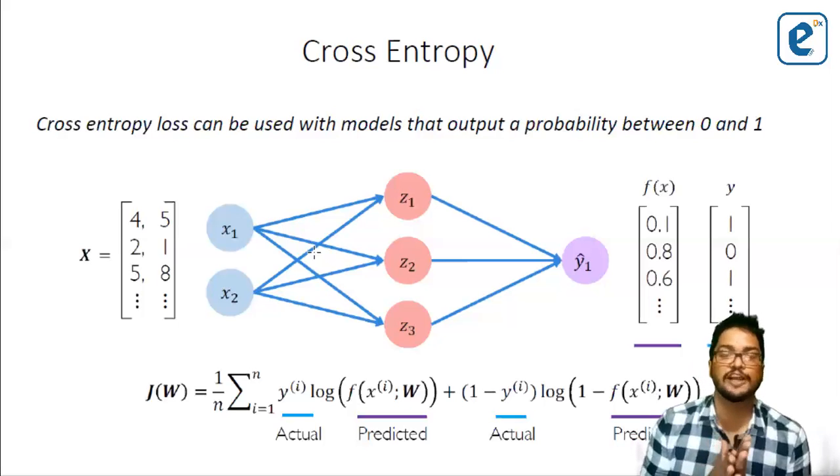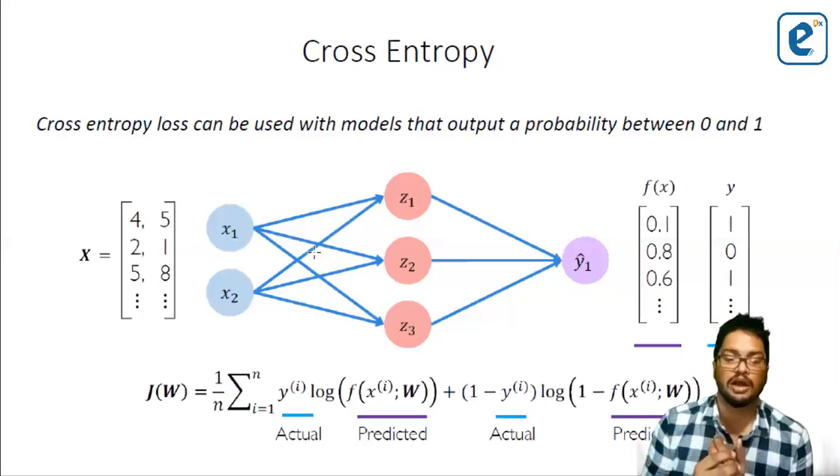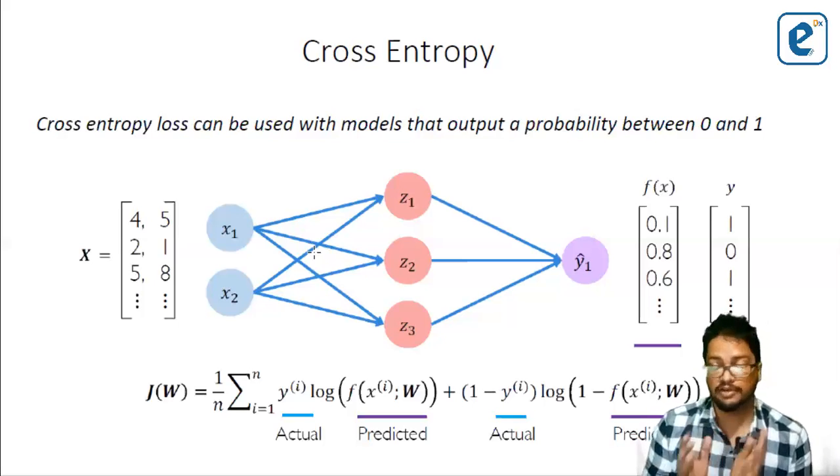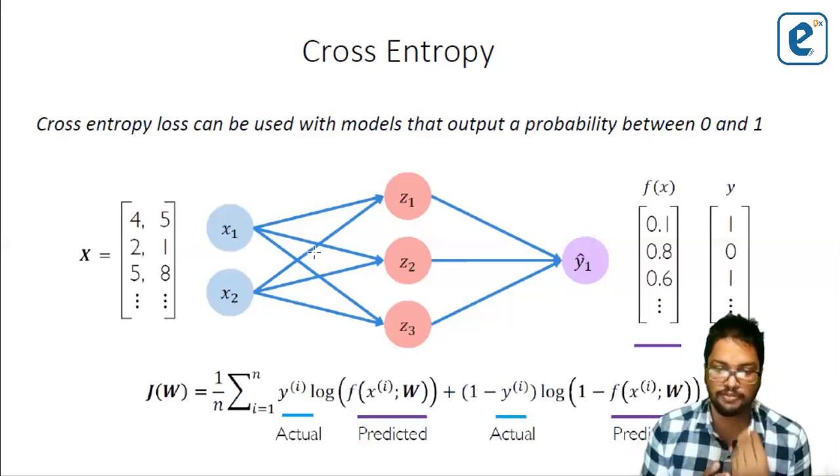Sometimes we use cosine proximity in language modeling, like natural language translation. Likewise, we have several others, but these two are fundamental: mean squared error and cross entropy.